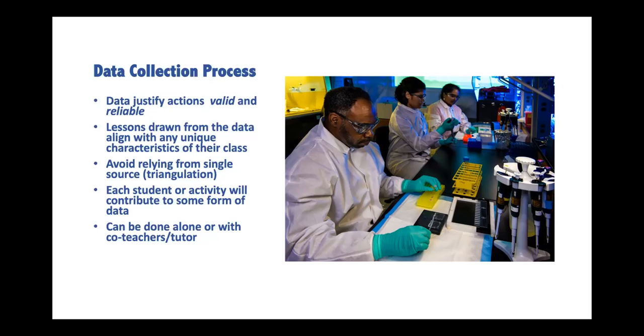So when you observe, you triangulate that data with another one. For example, one, you observe; two, you take data from your test; then three, you take data from, for example, a discussion you held, data from the discussion. Okay.